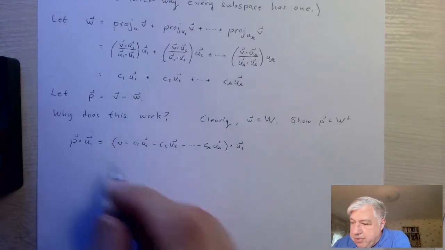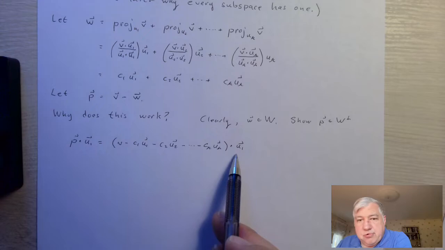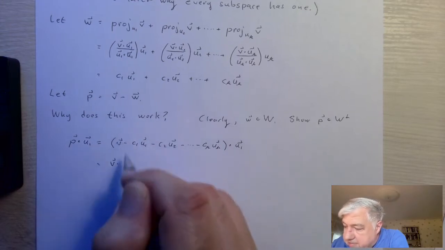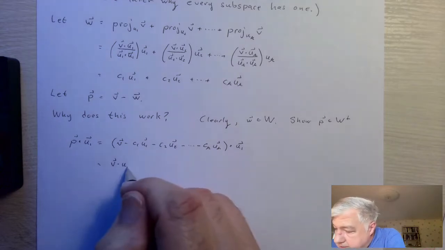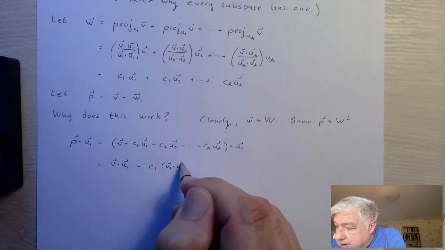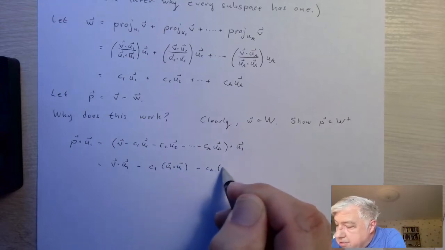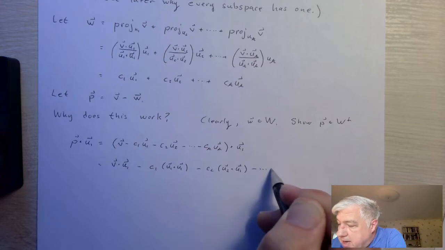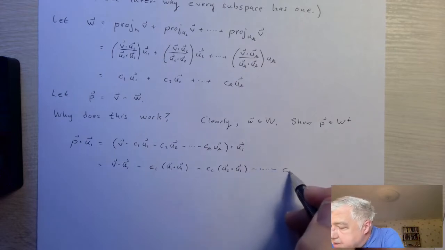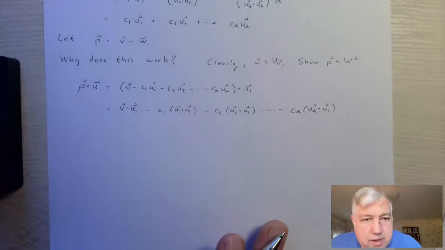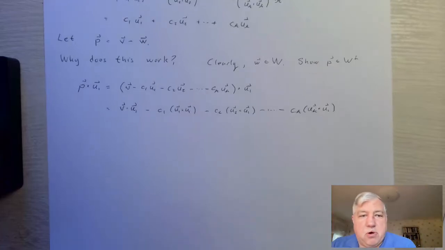Now we just use the distributive property of the dot product, and this will be V dot U1 minus C1 U1 dot U1 minus C2 U2 dot U1 minus dot dot dot minus CK UK dot U1. Now this is where the orthogonality comes in.